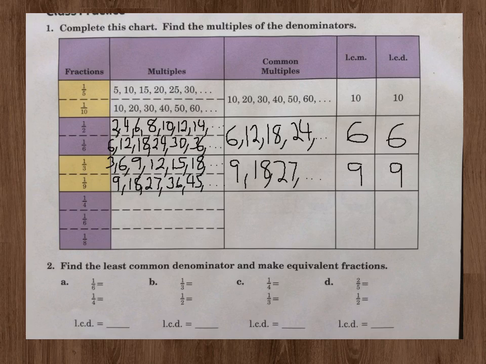Okay, let's do our denominator for 1/4. It'll be 4. What are multiples of 4? 4, 8, 12, 16, 20, 24. Okay, for 6, we'll do 6, 12, 18, 24, 30, 36.